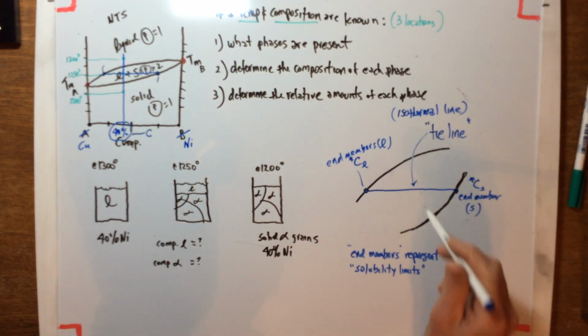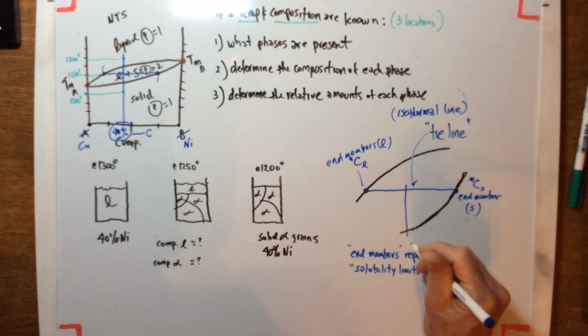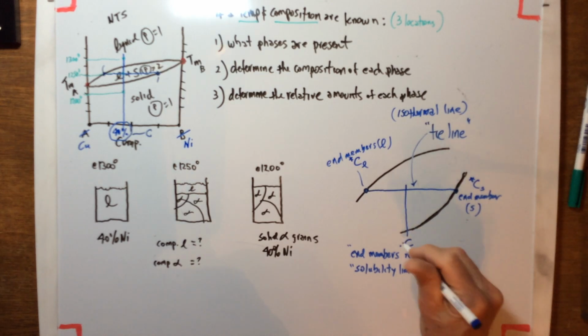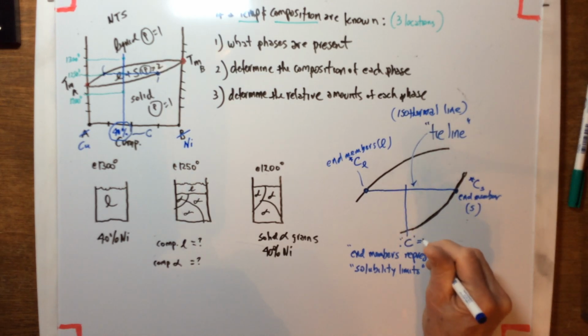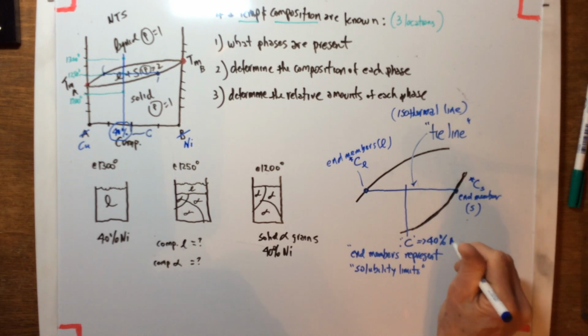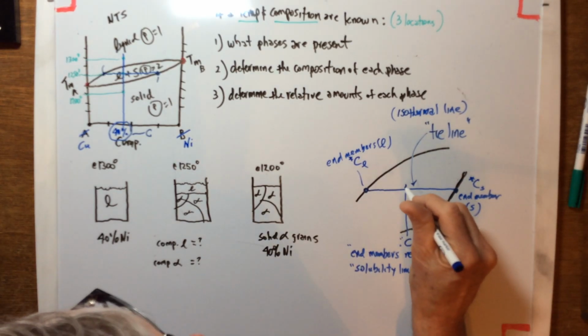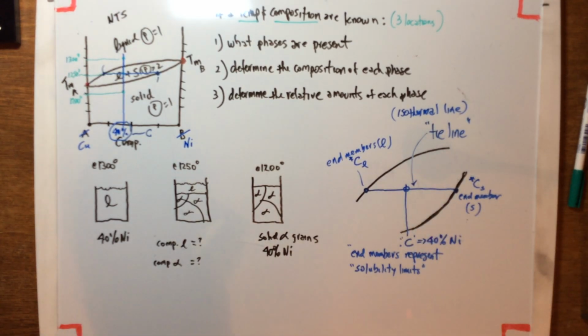We'll do that for later. And we have here drawn down here, this is the standard C, which we know to be 40% nickel. So that's this point right here.